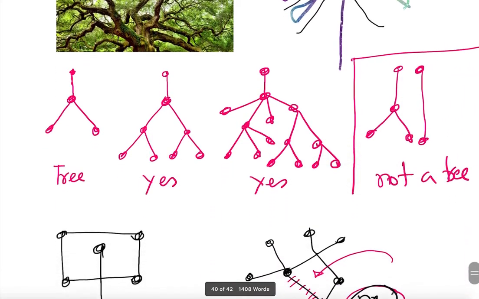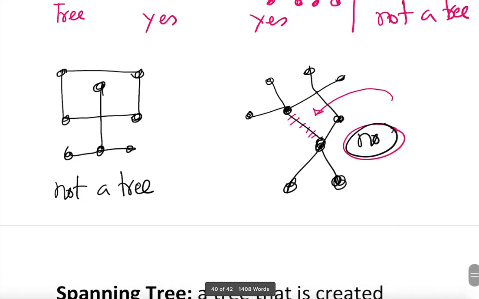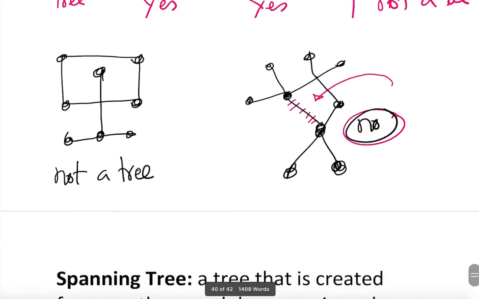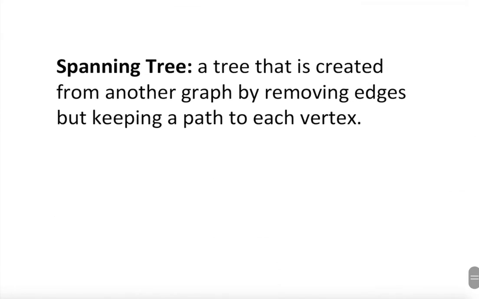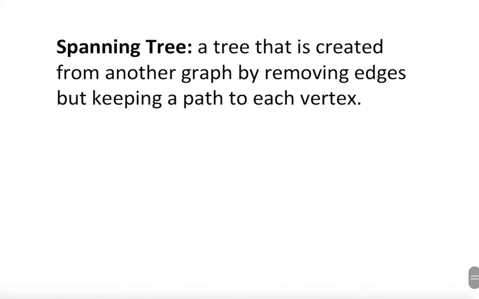Well, and of course, which is a spanning tree. So we're going to learn what a spanning tree is now. A spanning tree is created from another graph by removing edges but keeping a path to each vertex. Okay, let's talk about a spanning tree. How do you do that?